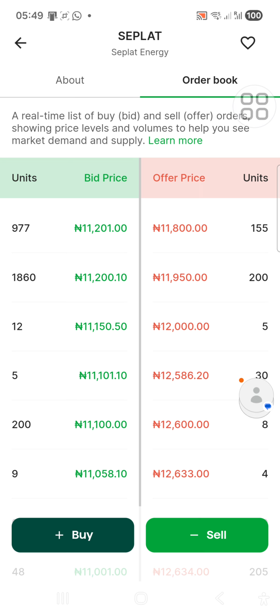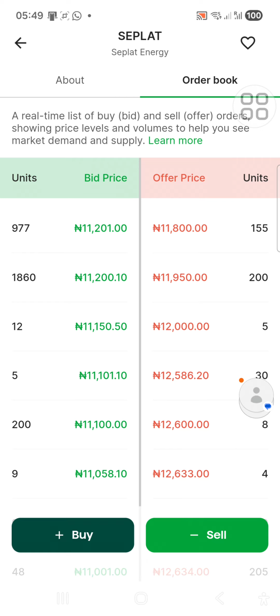Because if you bid for the highest bid price, then you're not going to get that stock because nobody is offering at that price.